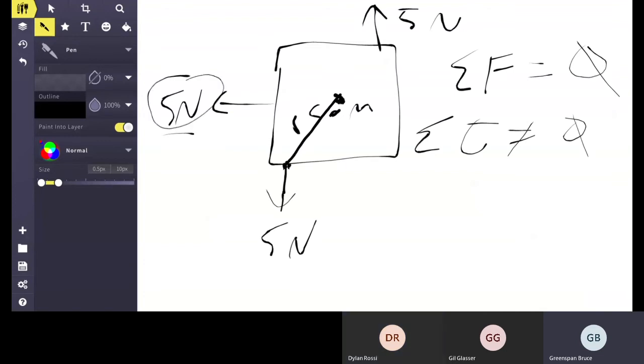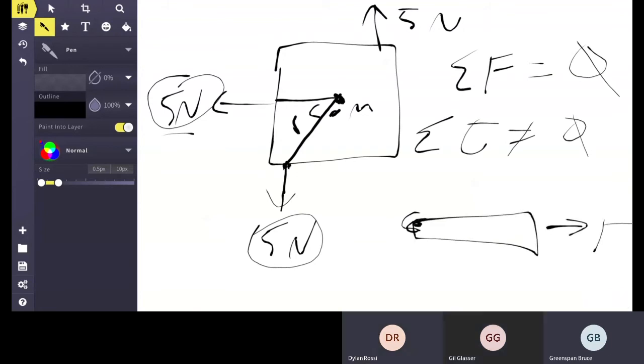So what's the difference? Why would this force not turn it, but this one does? It's in line with the radius. That is exactly right. It's like if you had a door, this is a top-down view of a door, and you pulled this way, nothing would happen.